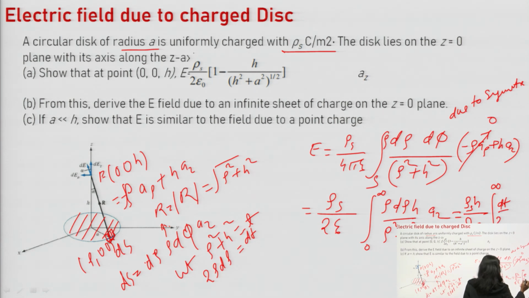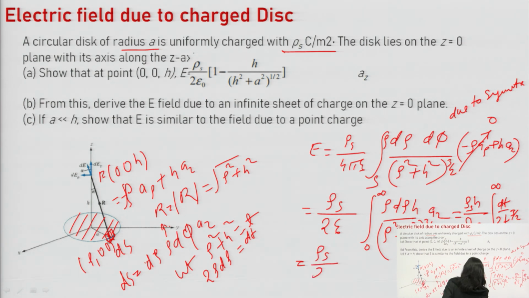by 2 t to the power 3 by 2. Here also it will be 3 by 2. Now we need to integrate this, so it will be equal to rho s by 2 epsilon, in fact 4 epsilon, because this 2 and this 2 after multiplication will give 4 epsilon.